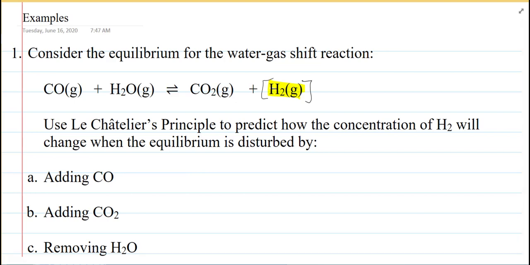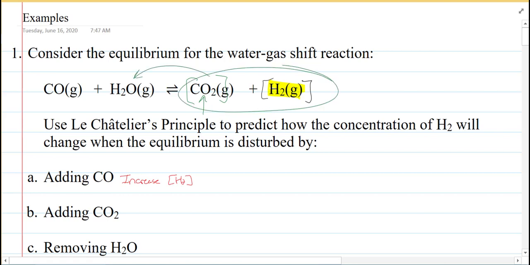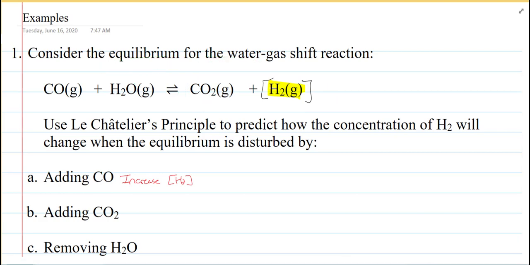Now, adding CO2. CO2, add here. That means this side is now too big, so we're going to actually have to take some of the H2 and come over to make some water. So that is going to decrease the concentration of H2.